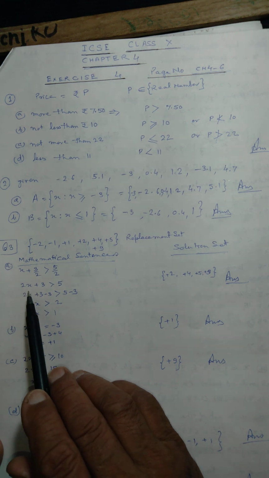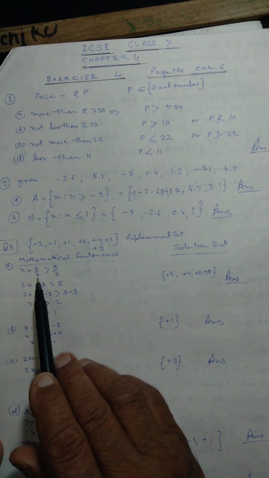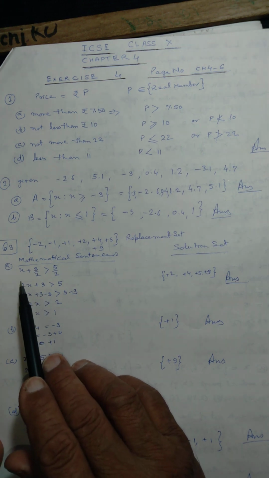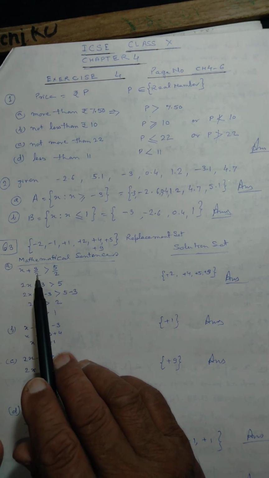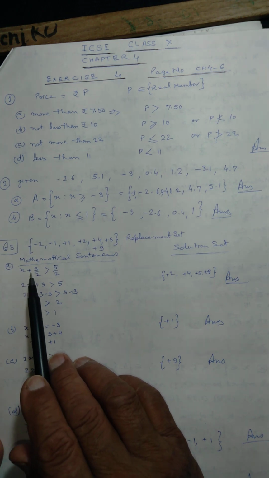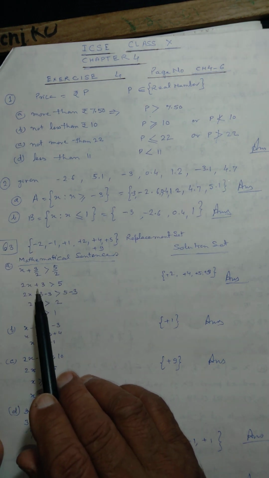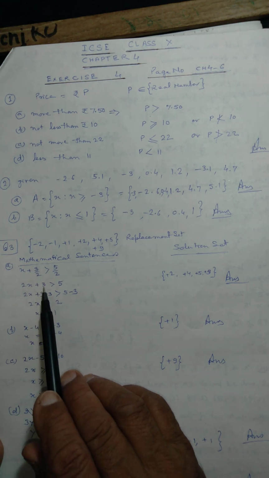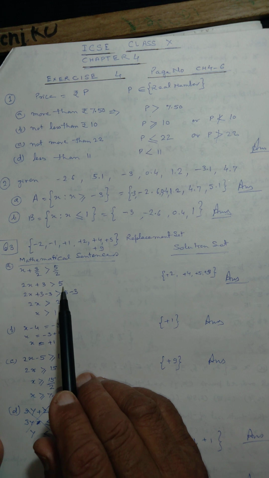In order to remove the denominator, I have multiplied all the terms of the left hand side and right hand side by 2. So we are getting 2x plus 3 greater than 5.